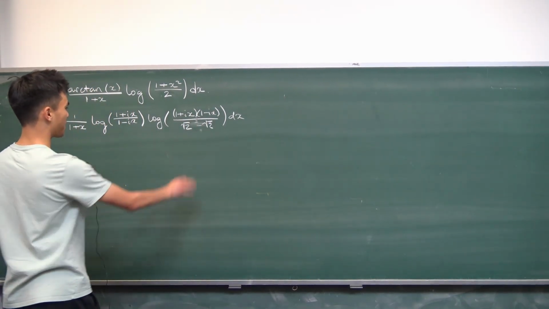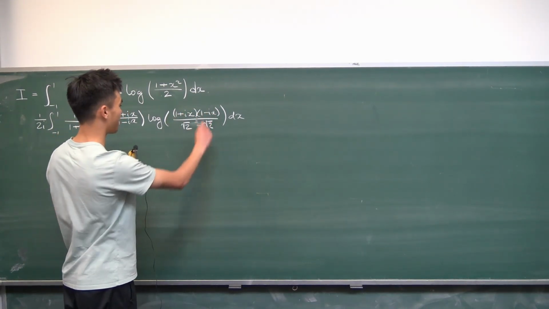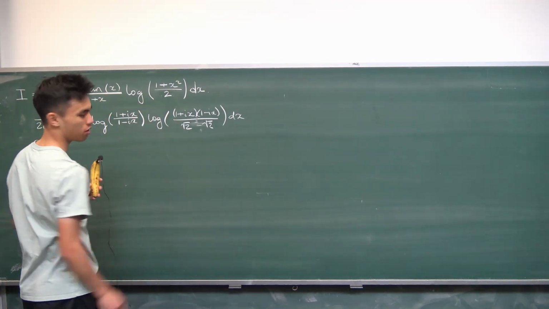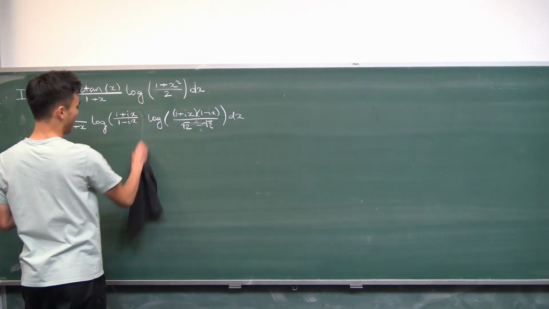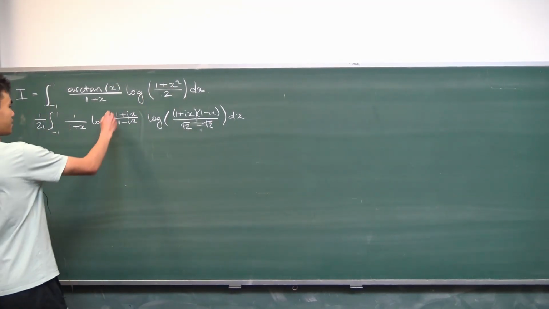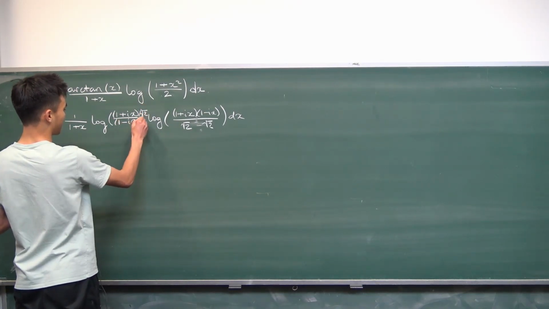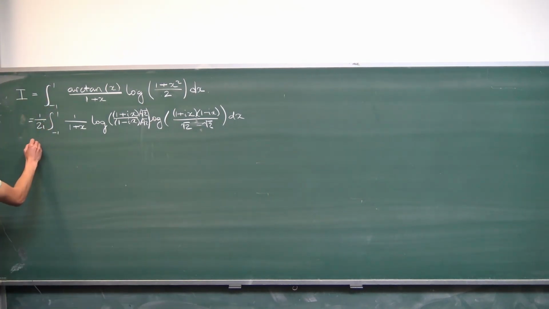And because we have something over root 2, like 1 plus ix over root 2 and 1 minus ix over root 2, we might as well get some root 2 action happening in this first logarithm as well. So I'm going to divide the top and the bottom inside that fraction by the square root of 2. So we have a root 2, and this one over here is also divided by root 2. Okay, lovely.